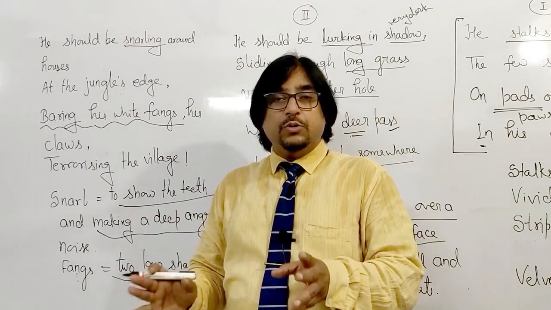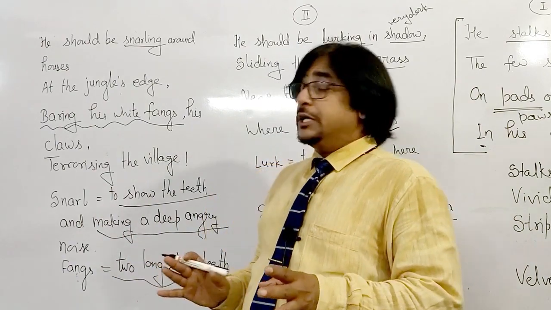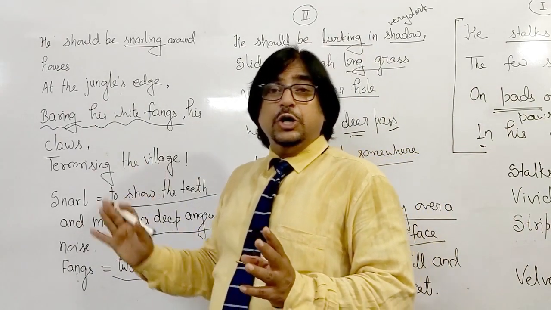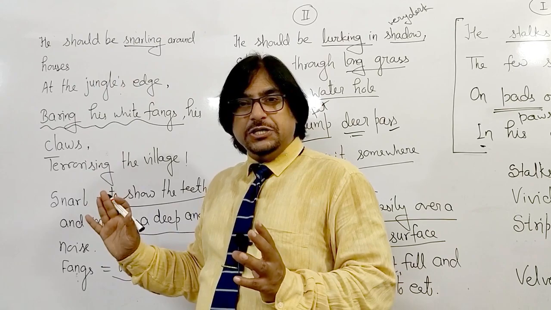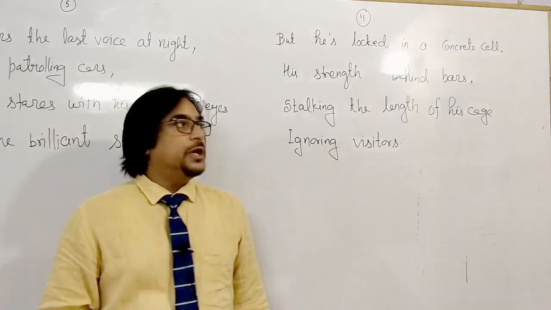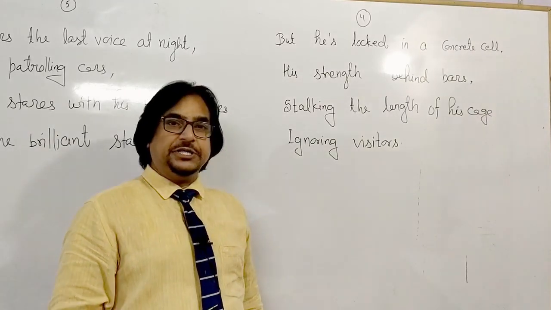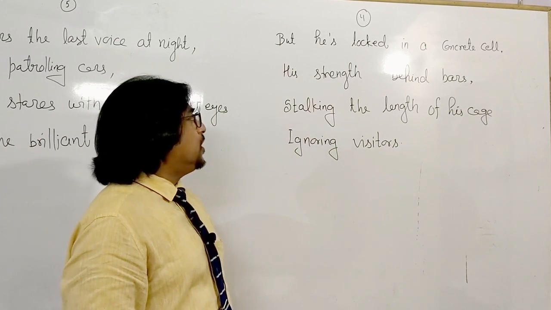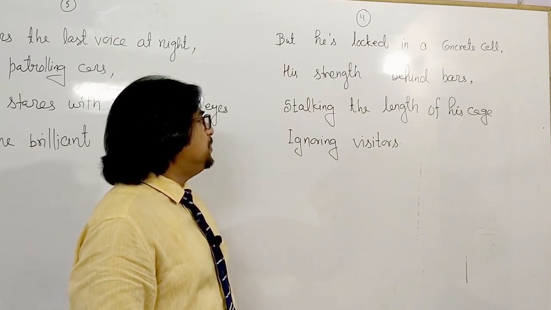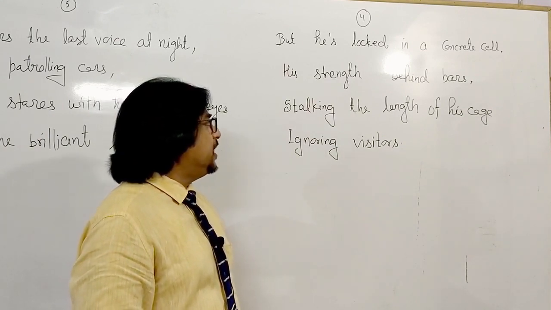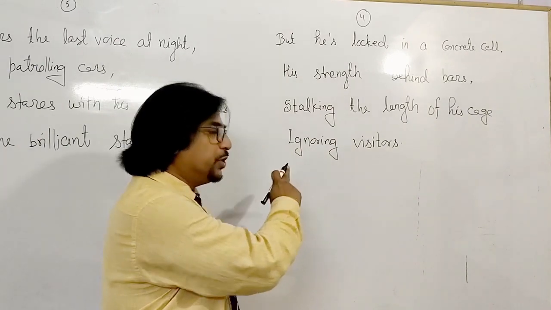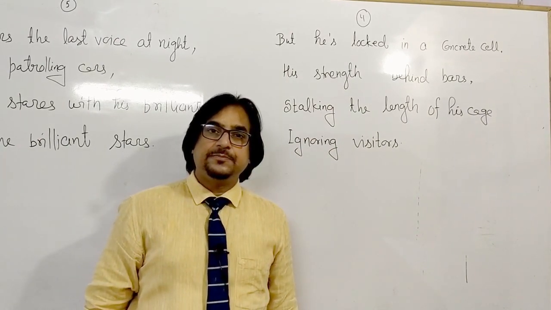now we are going to talk about the tiger in the zoo when he is locked in the concrete cell. In the fourth stanza, but he is locked in a concrete cell, his strength behind bars, stalking the length of his cage, ignoring visitors.